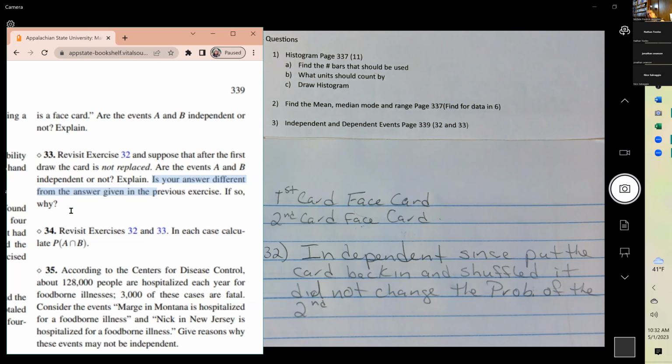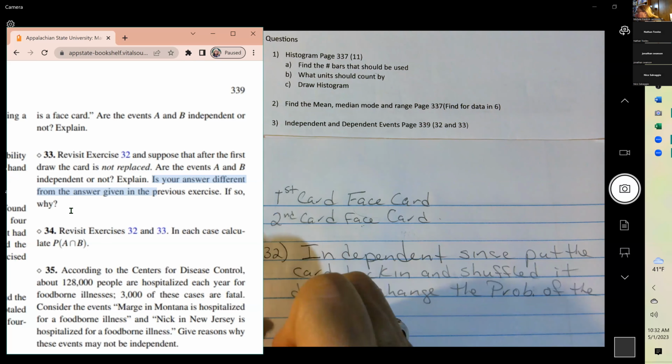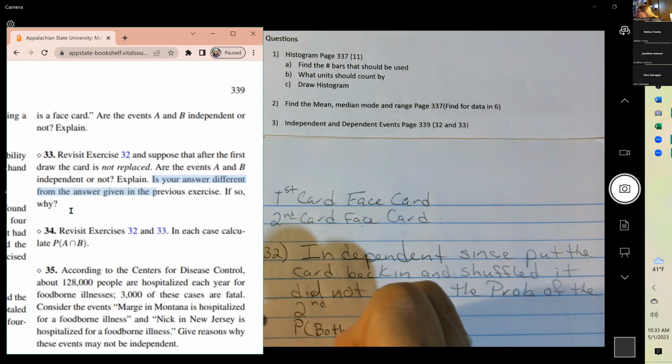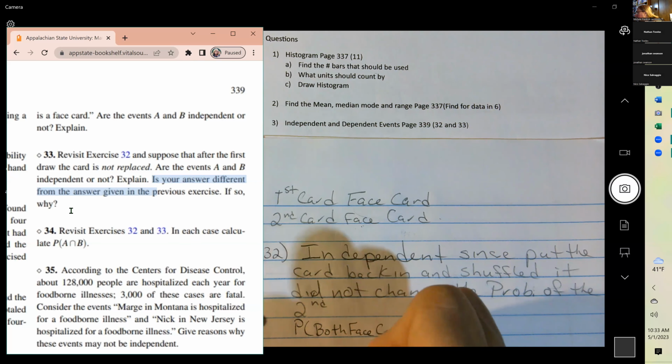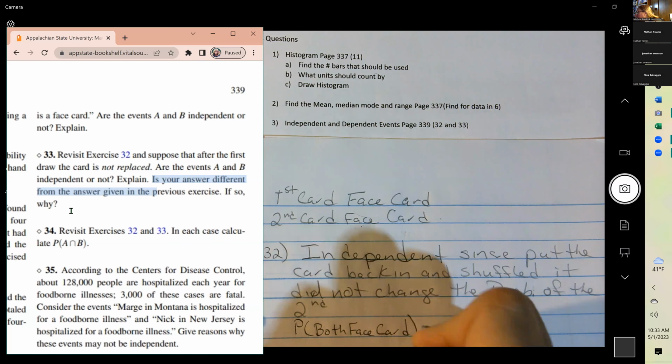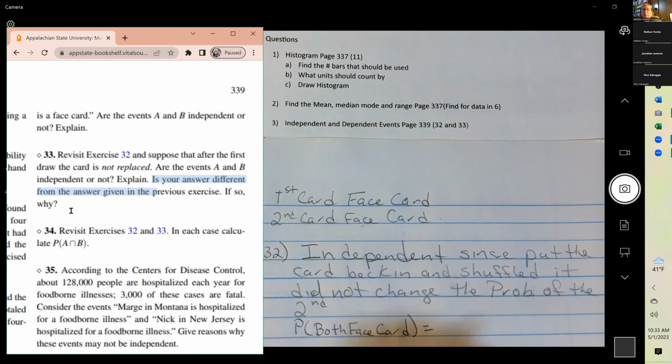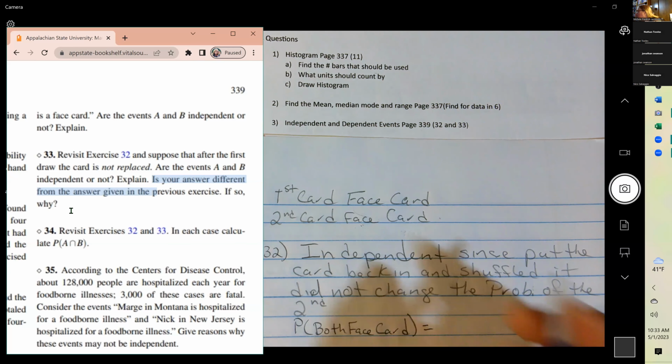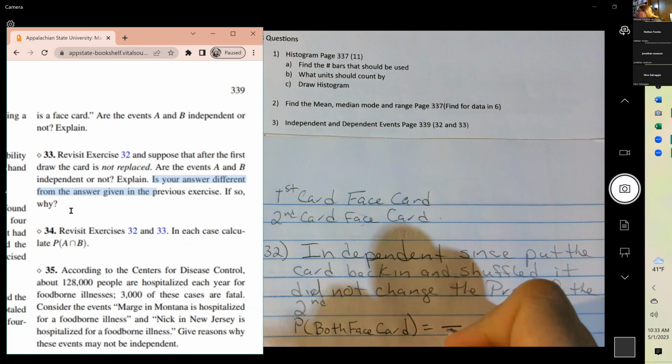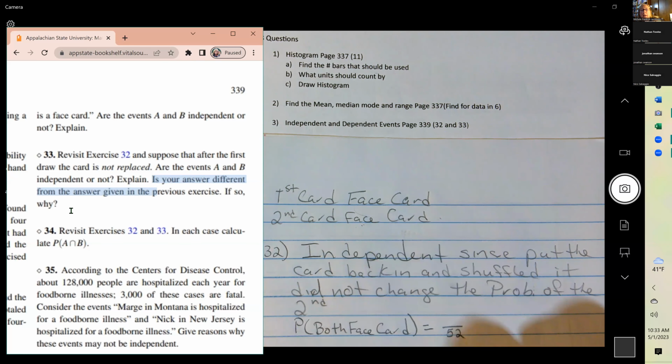Okay, let's find the probability of it. Well, think about, we know there's 52 cards. So in the first one, we have 52 cards. How many of those are face cards? A jack, a queen, and a king.